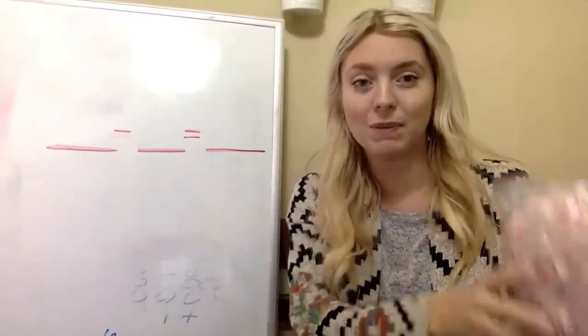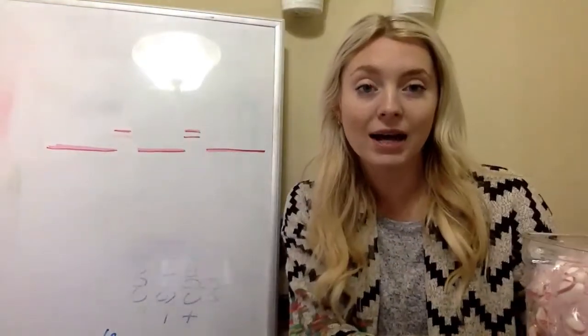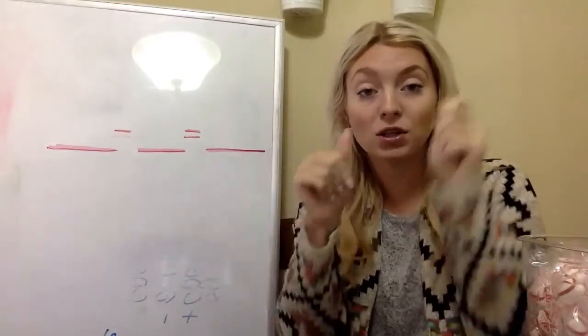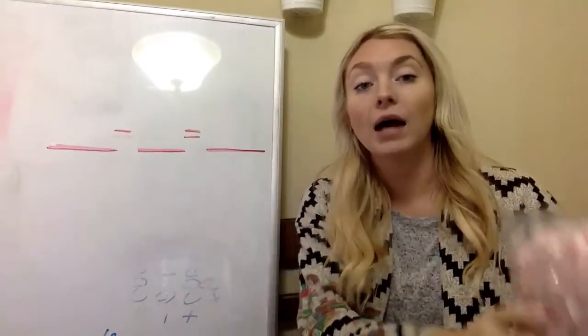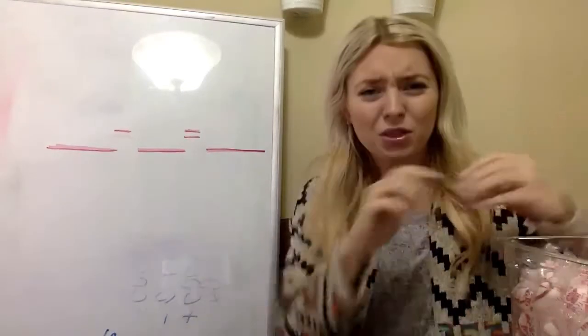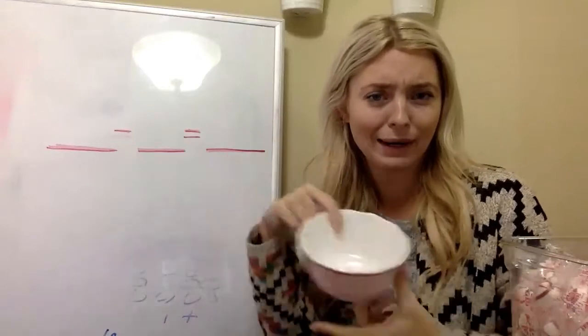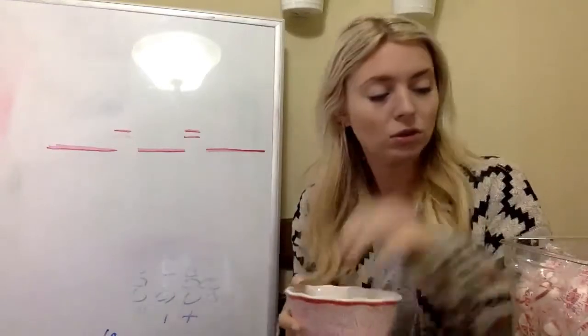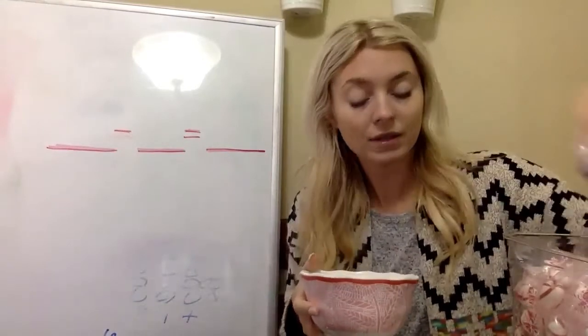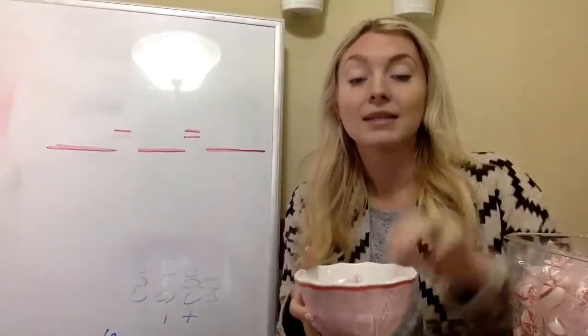So I've got this big tub of peppermints, but I want you guys to have your 10 cubes. You've got your 10 cubes, I've got peppermints. I'm gonna throw some peppermints into my bowl right here. So I've got 2, 3, 4, 5, 6, 7.